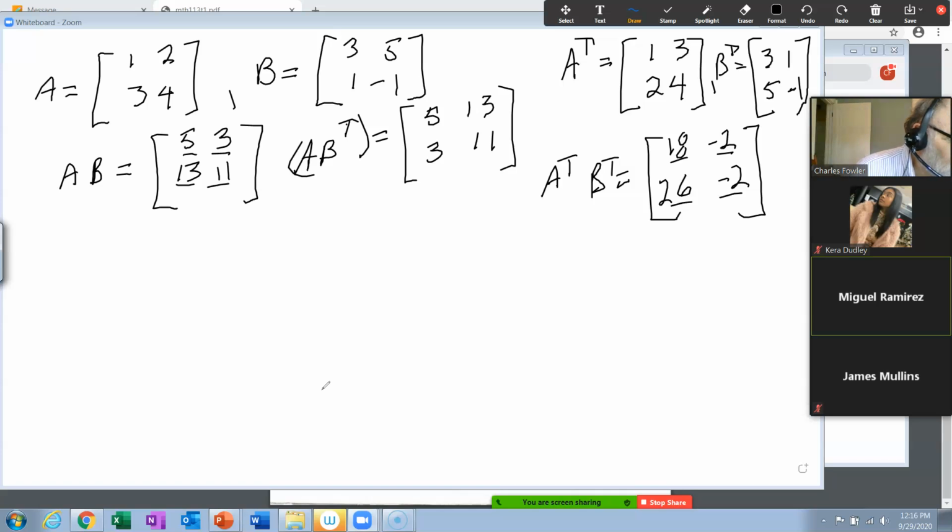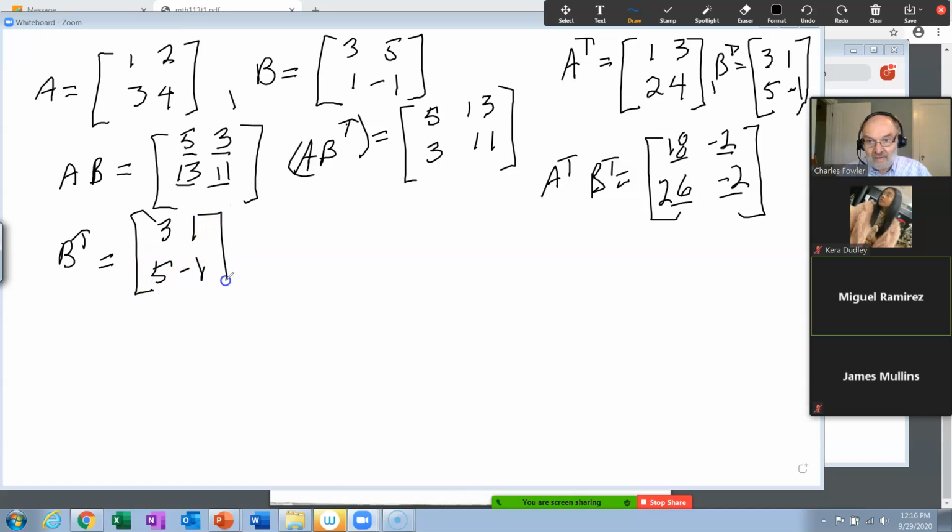Okay. They also want us to do B transpose, A transpose. So let's do that. B transpose, we already did. That's the 3, 1, 5, minus 1, times A transpose, which is 1, 3, 2, 4.